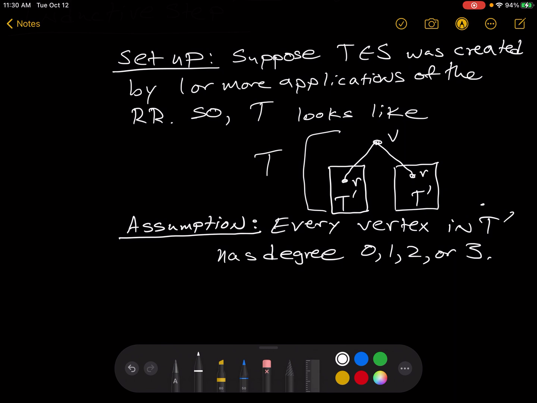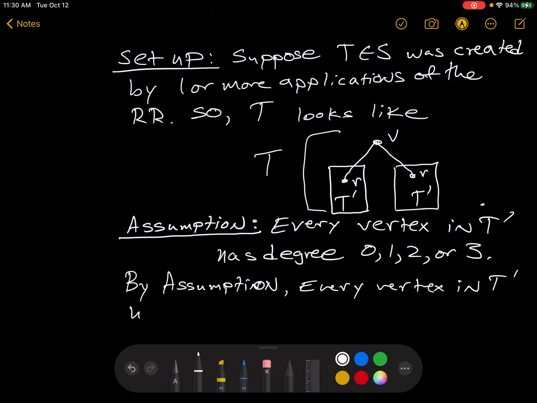By the assumption, every vertex in T prime has degree 0, 1, 2, or 3. That means every vertex in the two copies, because those are just copies of T prime, has degree 0, 1, 2, or 3.